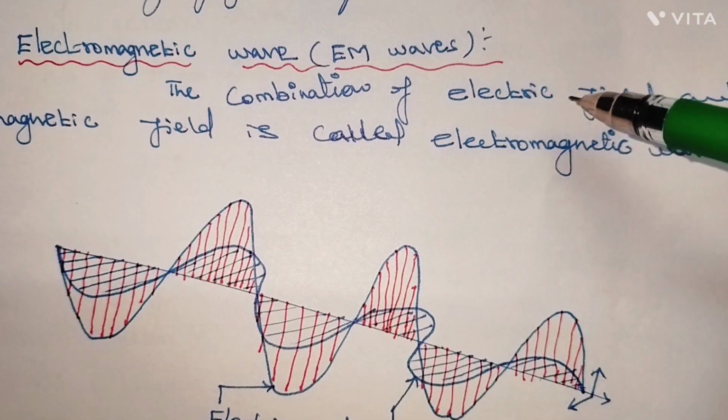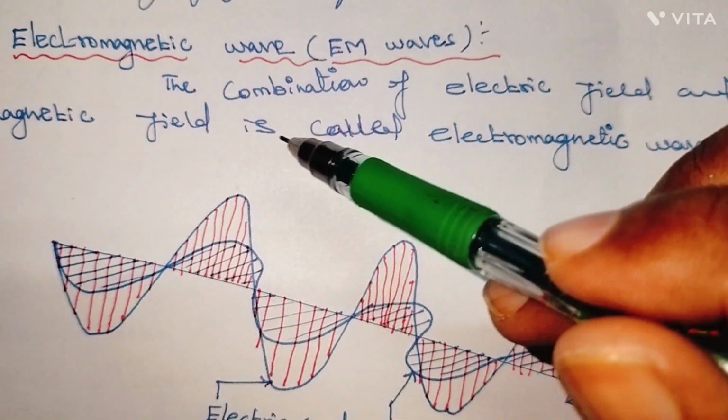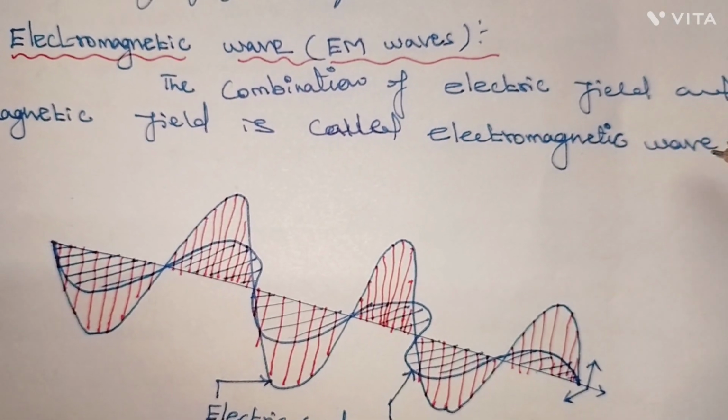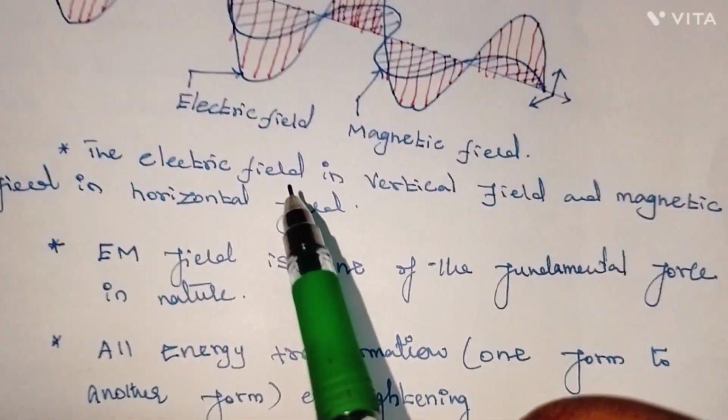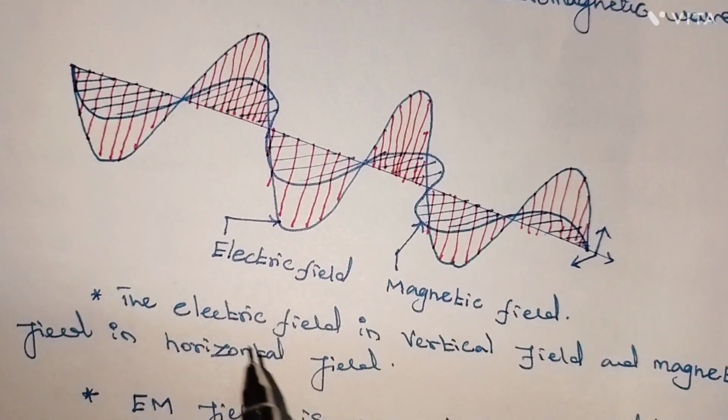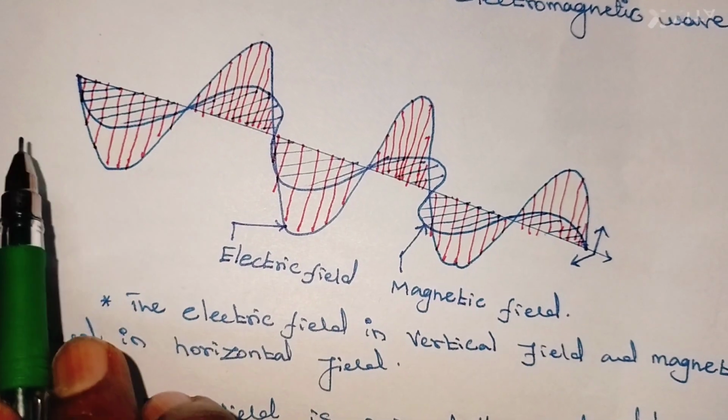Now we can discuss electromagnetic waves, that is EM waves. The combination of electric field and magnetic field is called electromagnetic waves. This is the representation of electromagnetic waves.